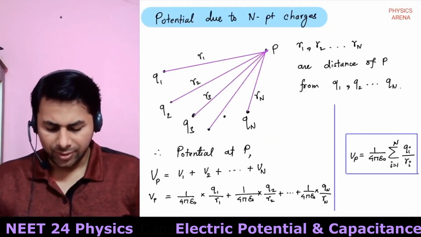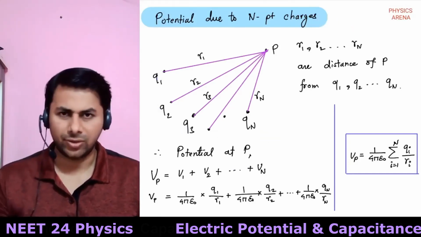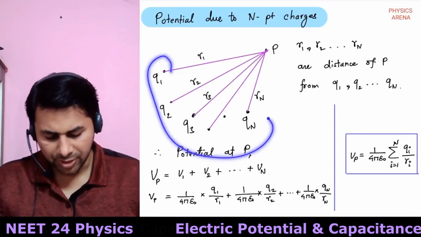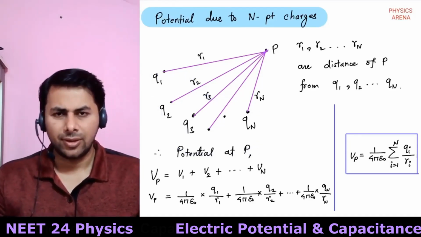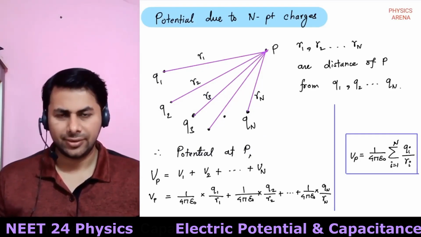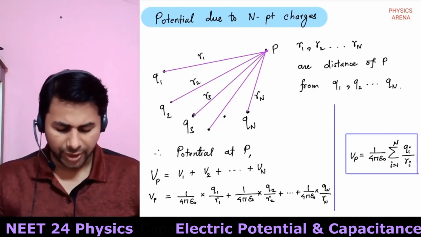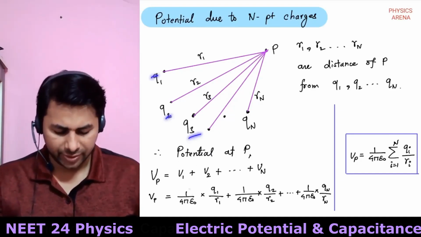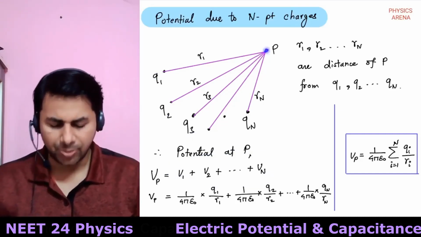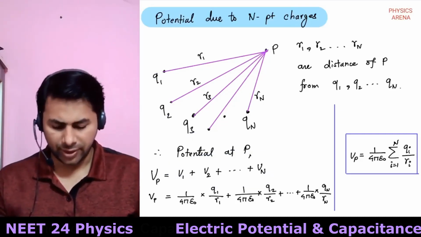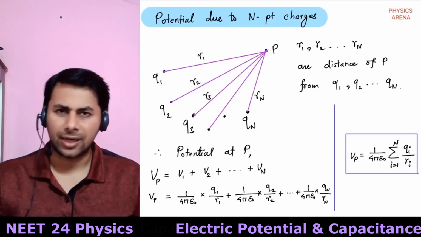Now if you have n number of charges, q1, q2, q3, and so on, and you want to find the potential due to all these charges at this point, what will you do? You will do scalar addition, because potential is a scalar quantity. You find the potential due to the first one, second one, third one, and so on, and add all those potentials to get the total potential at this point P. Q1 is at distance r1, Q2 is at distance r2, and so on.